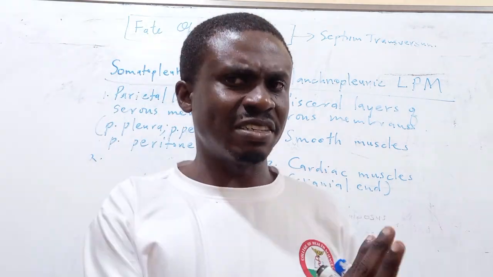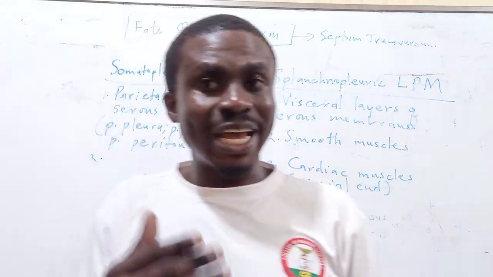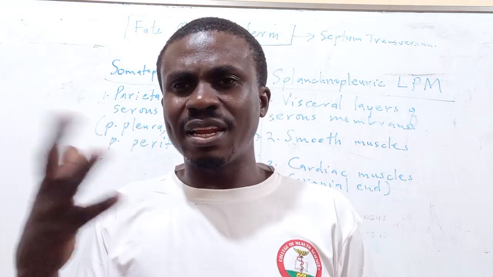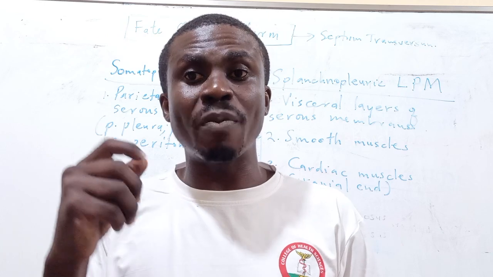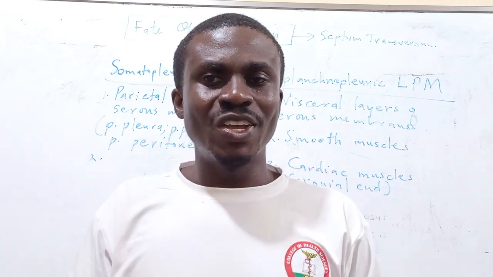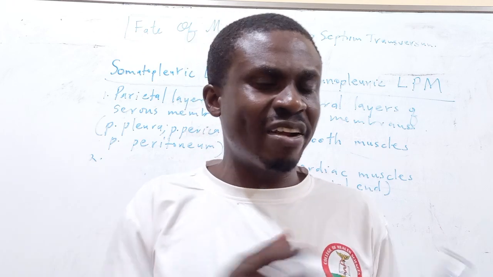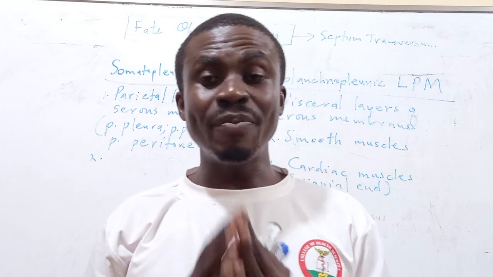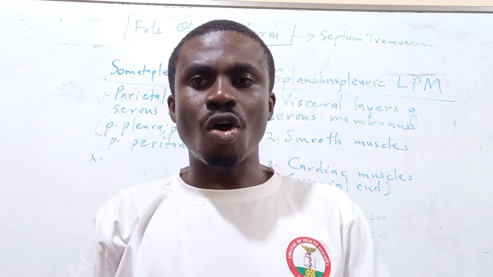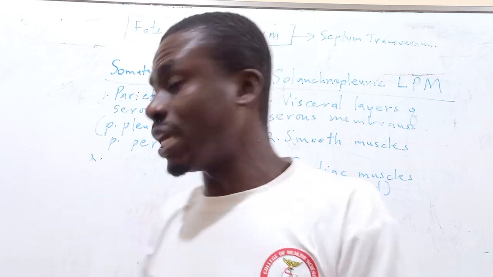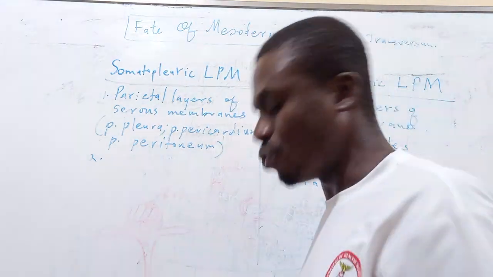Now, apart from the muscles, we've seen the myotome. The next thing we want to talk about is the dermatome. We said the dermatome of the somites was giving rise to the dermis of the back. The dermis of the ventral body wall, which is in relation with the body wall, should be coming from the somatopleuric mesoderm.